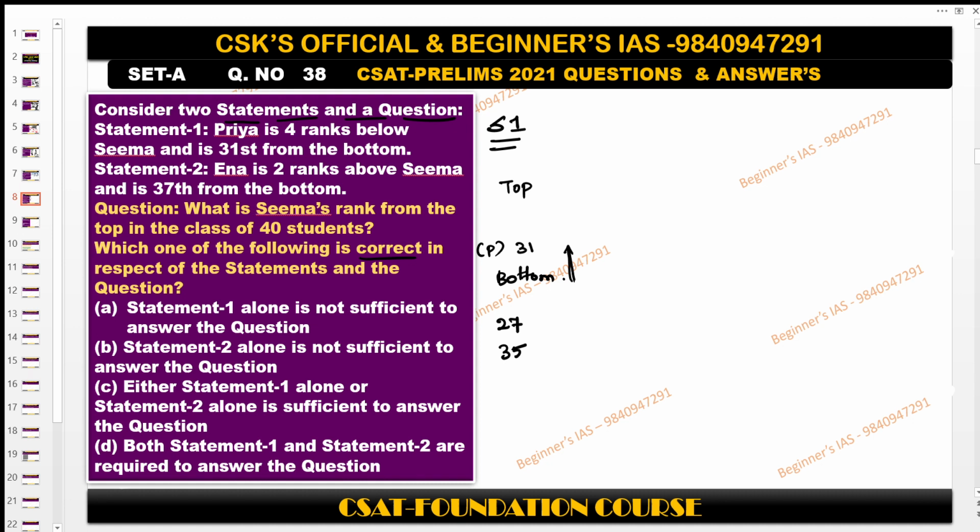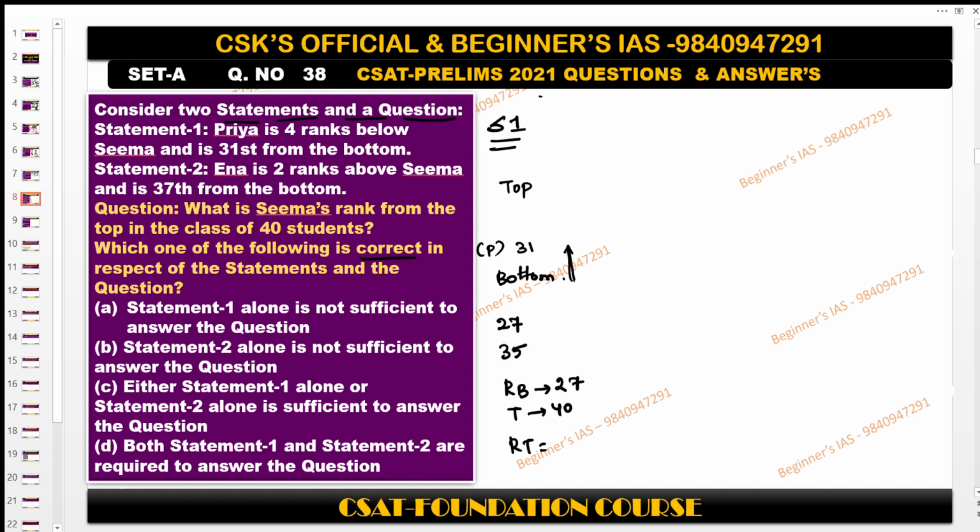Then what is the rank from the bottom? Vamsi says 27. So the total is 40. What is the rank from the top?